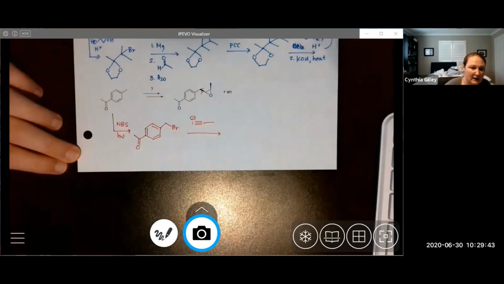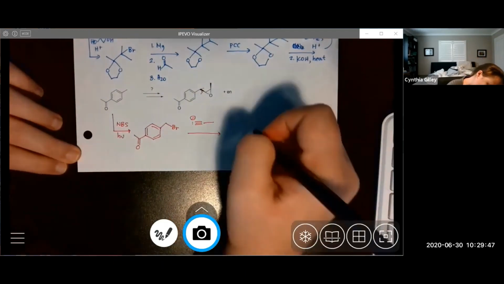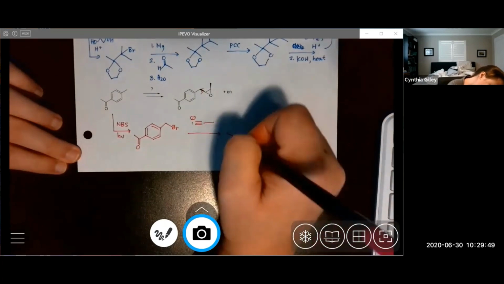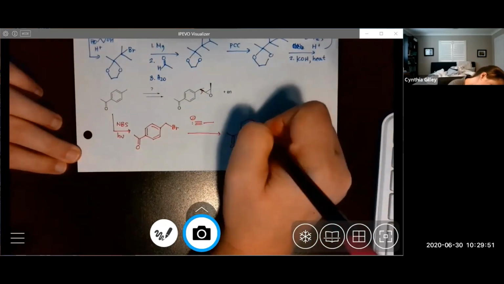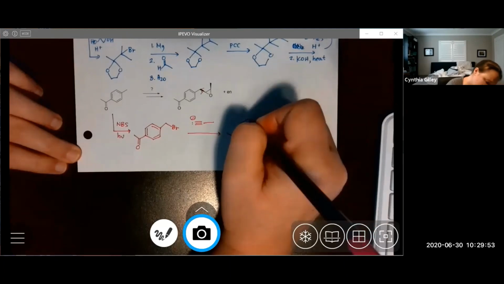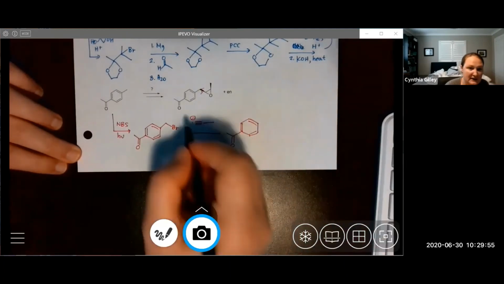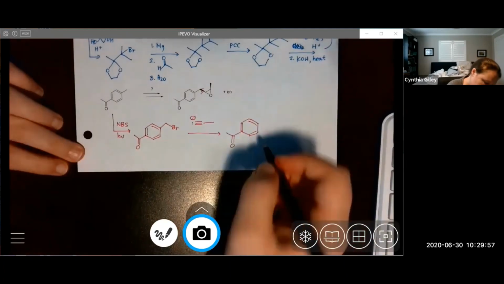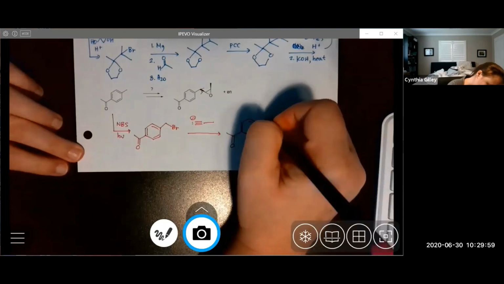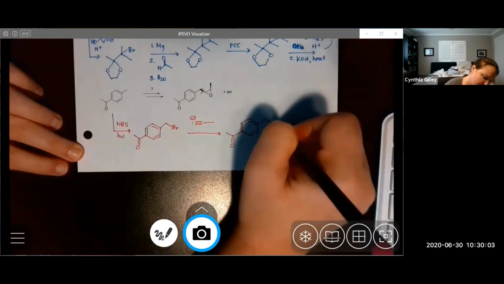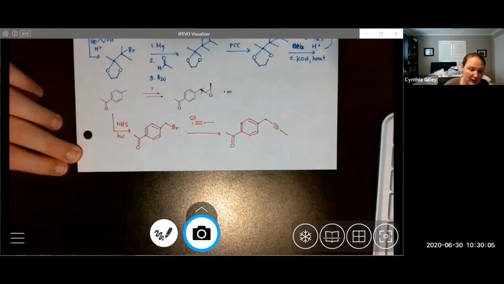Remember, we're adding 3 carbons, so make sure we use the right alkyne. And in this case, we did not need to protect. This is not strongly basic enough conditions to be concerned about. So we were able to add those 3 carbons.